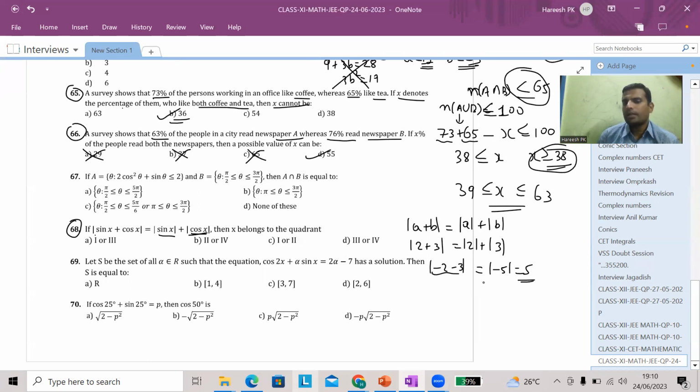And if you separately calculate mod minus 2 plus mod minus 3, that also is 5. But if one is positive, another is negative, then this will not be satisfied. For example, mod of 2 minus 3 is not equal to mod 2 plus mod minus 3, isn't it?